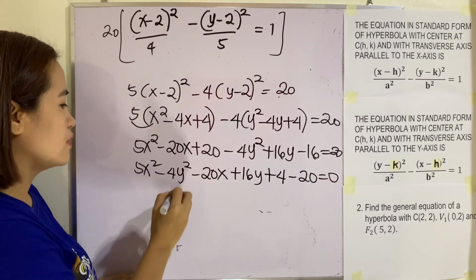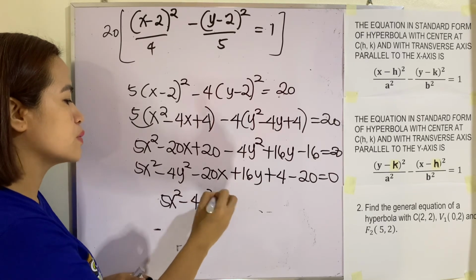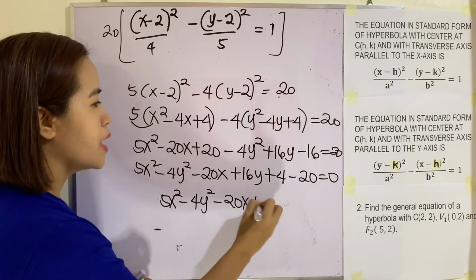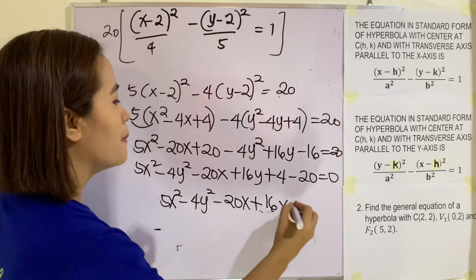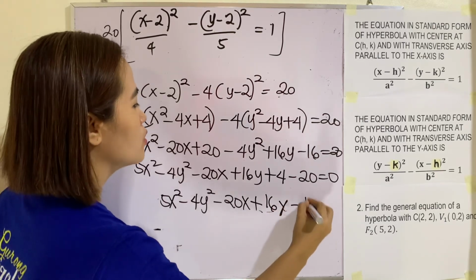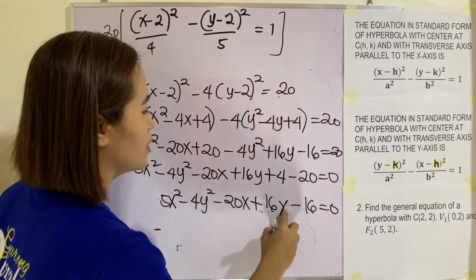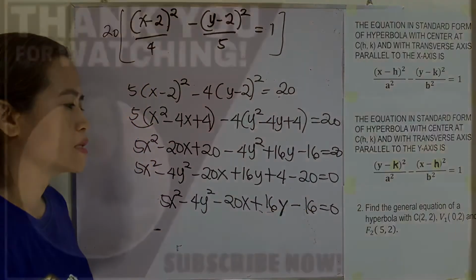Finally, we have 5x squared minus 4y squared minus 20x plus 16y minus 16 is equal to 0. That's it.